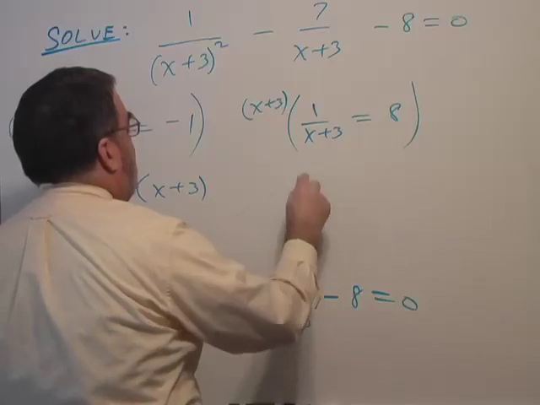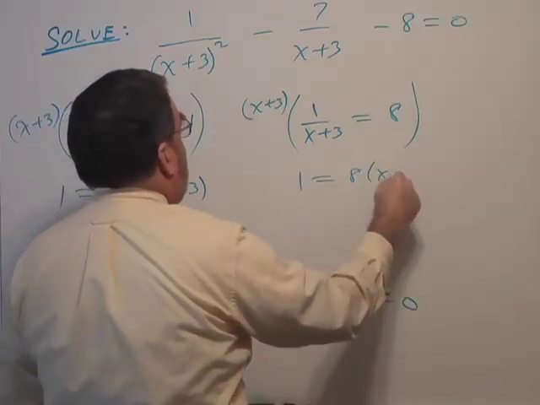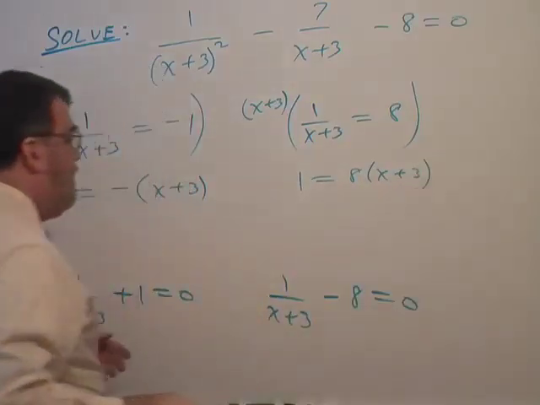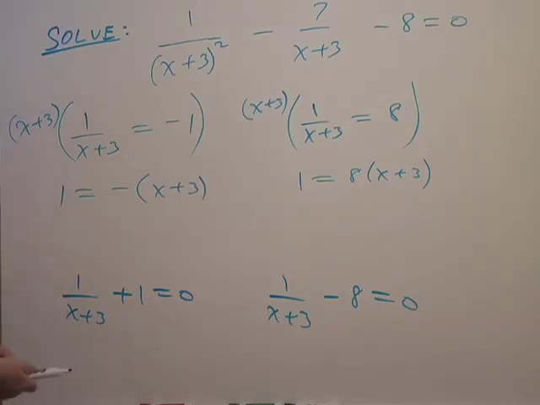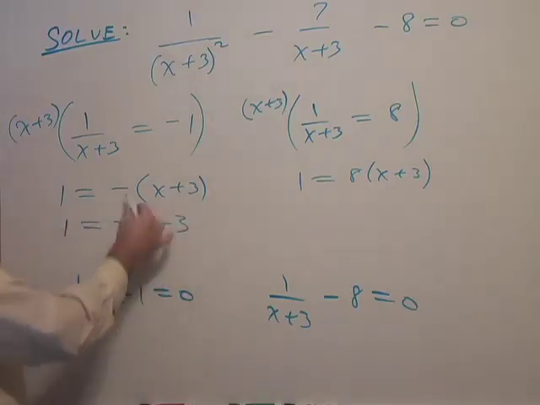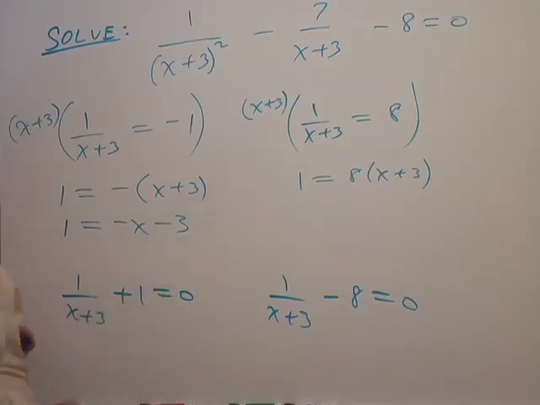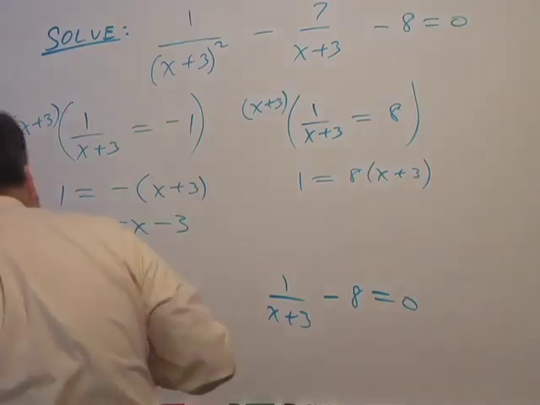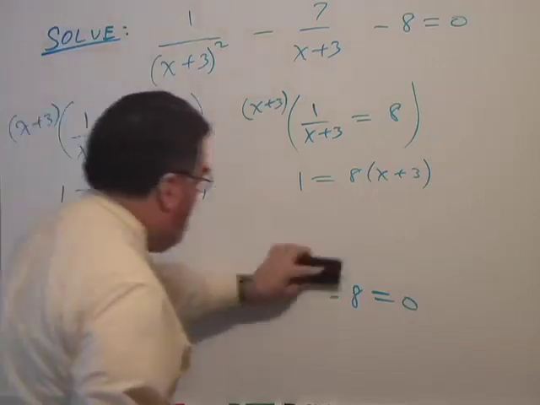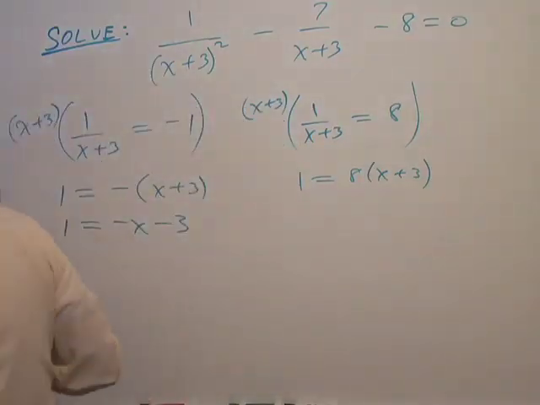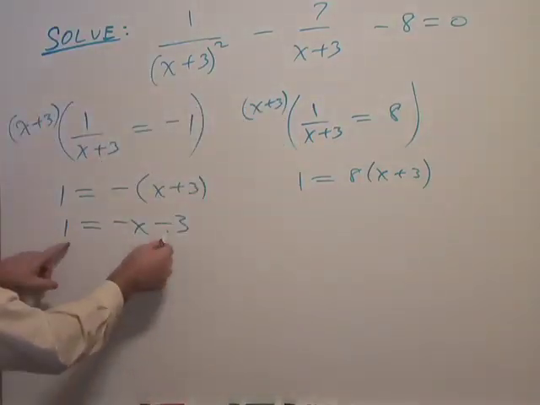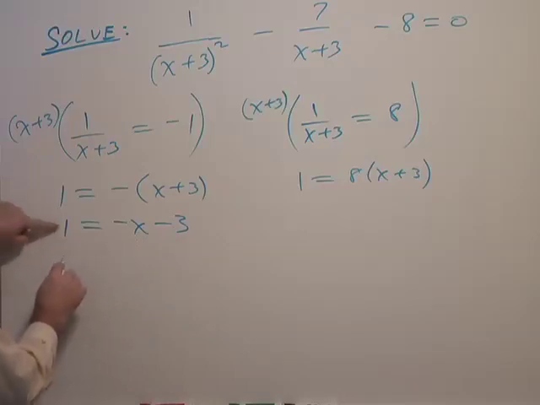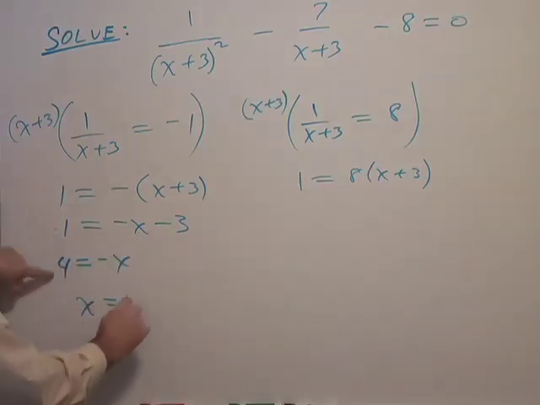Here, it cancels. 1 equals 8 times x plus 3. So now it's starting to look a lot more friendly. 1 equals negative x minus 3 when I distribute the negative. Let me go ahead and finish that one first. If I add 3 to both sides, this will be 4 equals negative x. So x equals negative 4.